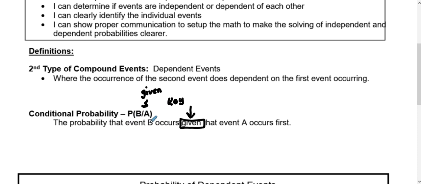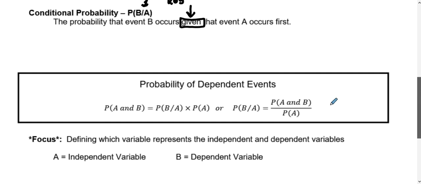There are some times when we're going to solve for B given A, the probability of that. And then there are some times where we're going to be provided that information to be able to solve for the two events occurring at the same time. So when looking at this, there are two formulas.